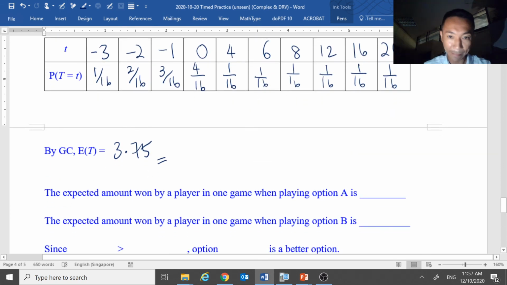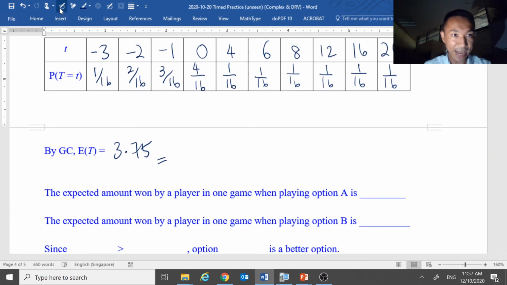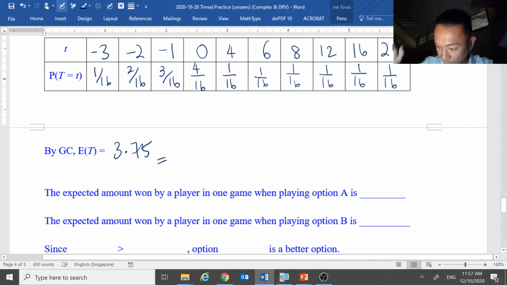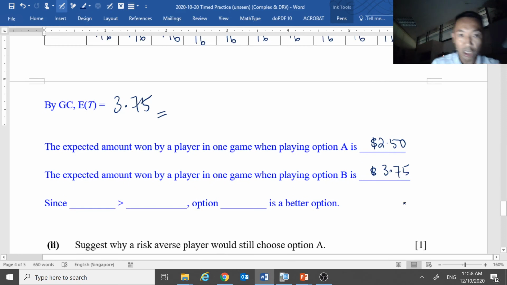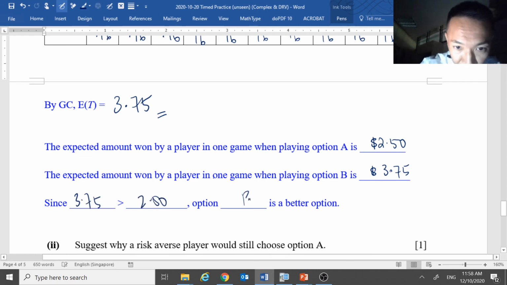By option A, we found just now 2.5, and then option B is 3.75. Obviously, you want to find out which is the better option. Of course, since 3.75 is larger than 2.5, option B is the better option.